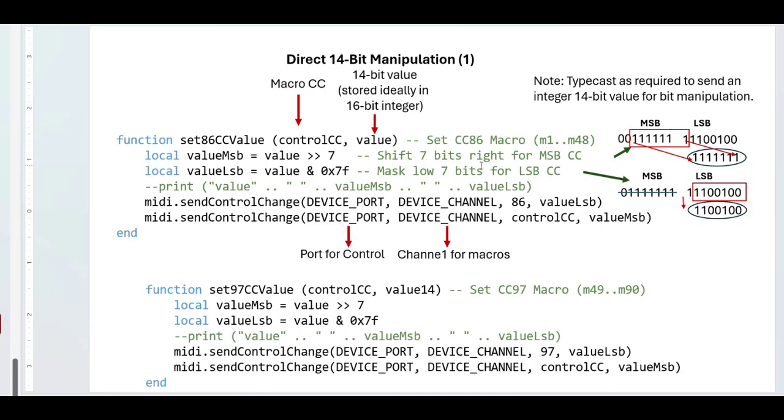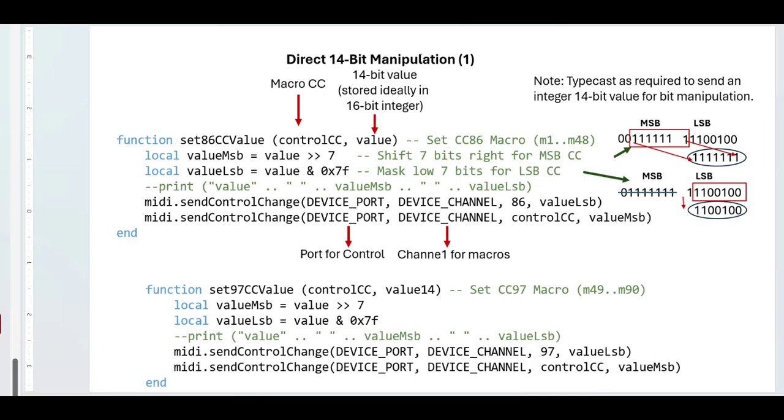But the main thing is that if you're sending in a 14-bit value, you'll need to take that value, if it's a 16-bit integer, for example, and shift it over 7 bits so that you can create your 7-bit MSB value.